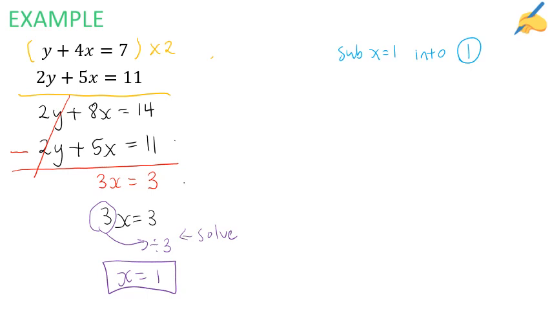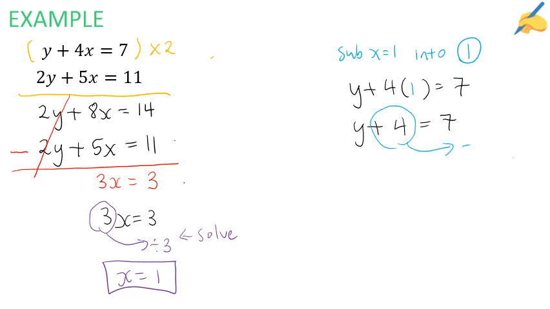So I'll have y plus 4, and instead of writing x, I'll have 1, equals 7. So y plus 4 equals 7. So I'm going to solve for y, subtract this 4, y equals 3. So therefore, my point of intersection is at 1, 3.